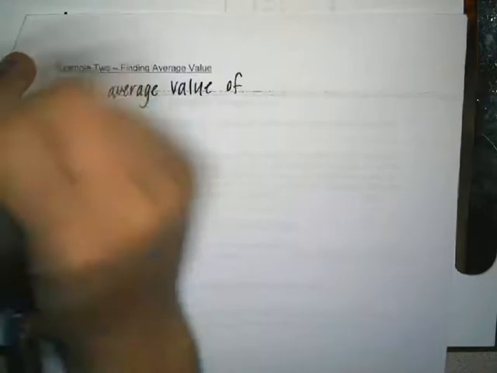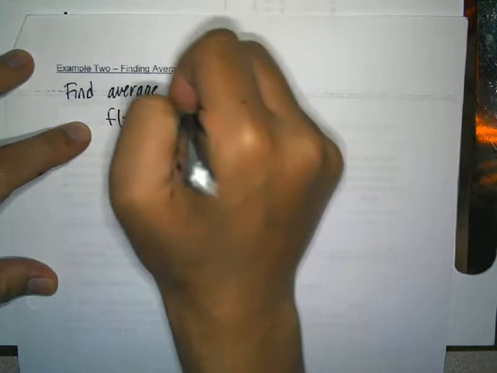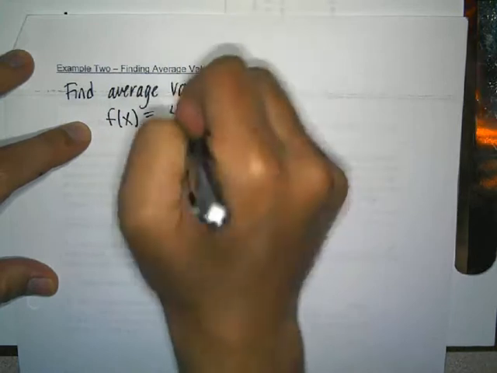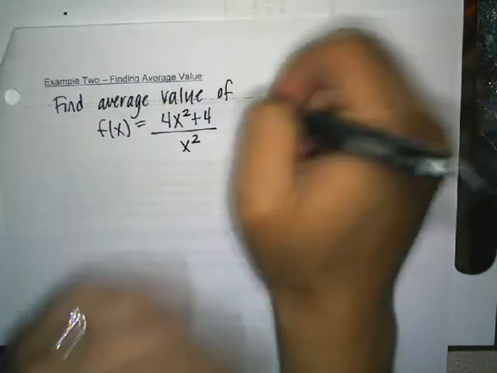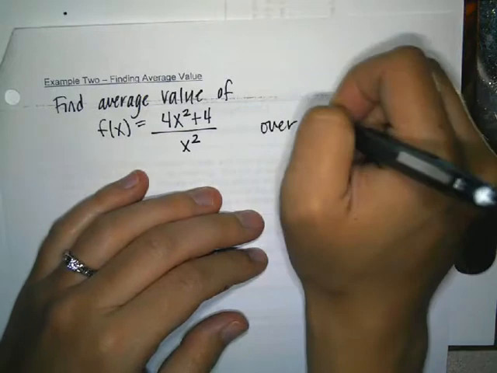Okay, so we're going to look at example 2 here. Find the average value of f of x equals 4x squared plus 4 divided by x squared, over, I give you a range, 1 to 3.